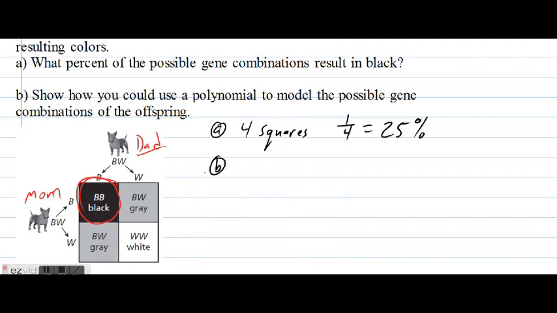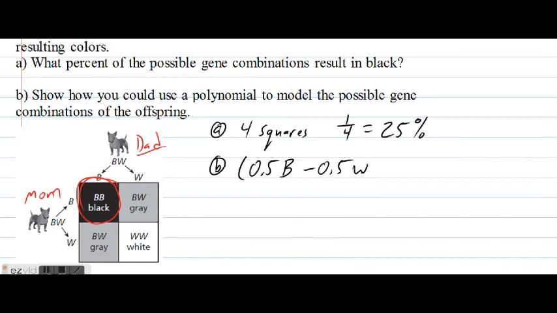Well, if we think about this, we can write it as 0.5, that would be 50%, is going to be the black, minus 0.5 is going to be the white gene, and it's going to be squared.